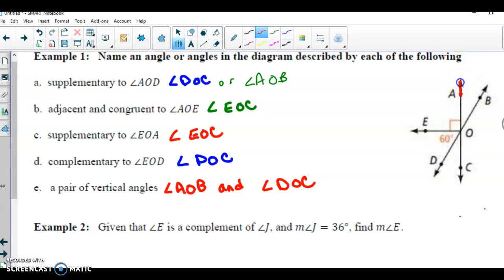Because you could also look at this angle, angle AOD, this one right here, and the one across from it would be BOC. Those two angles would have the same measurement, and they're vertical angles.